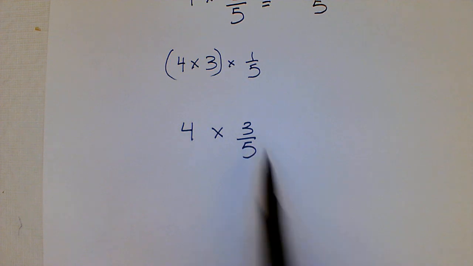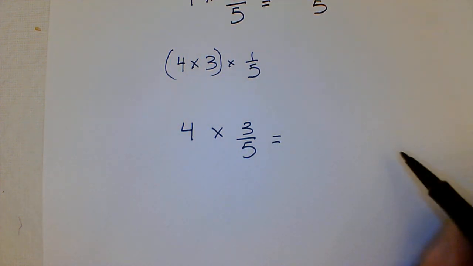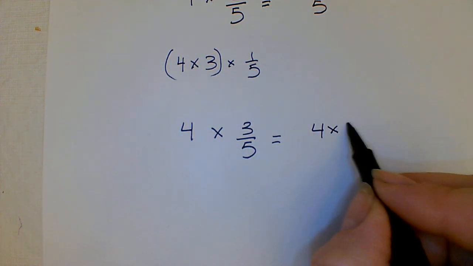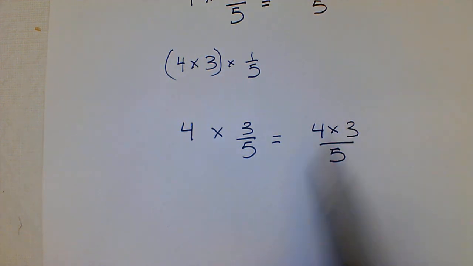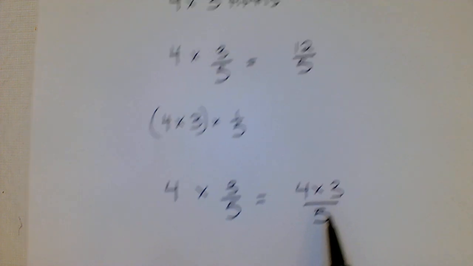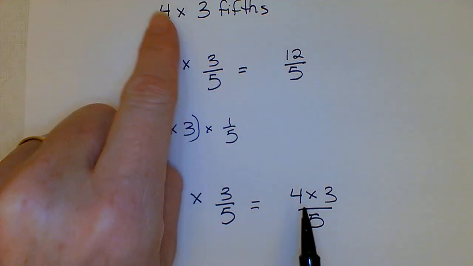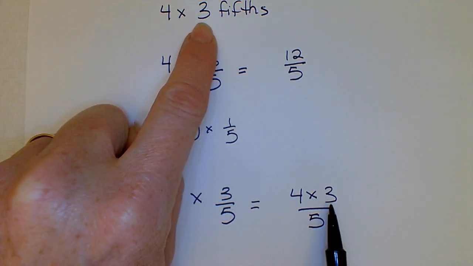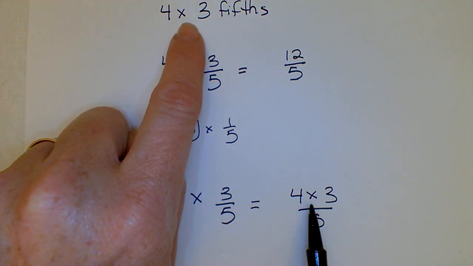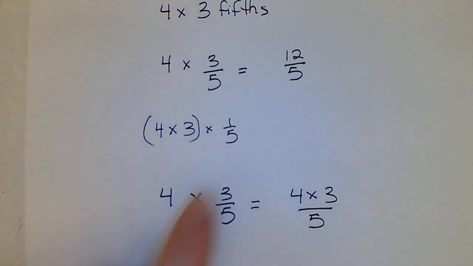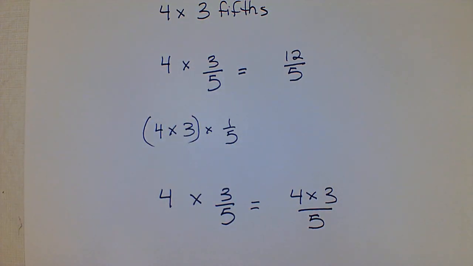And so that's why we are able to go ahead and rewrite this as 4 times 3 fifths. That's another way of saying it. Now you can see also that this is the same thing as 4 times 3 fifths. Do you see what I did? Watch. 4 times 3 fifths. So that's another way of showing it.